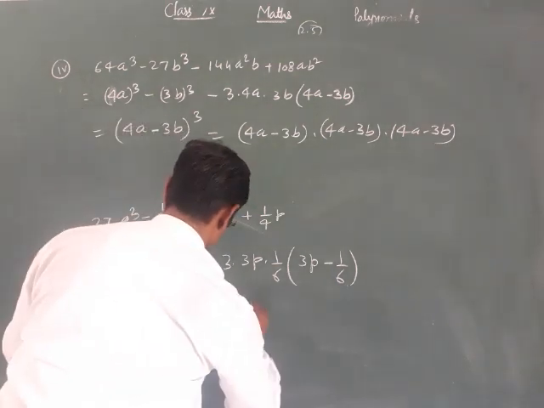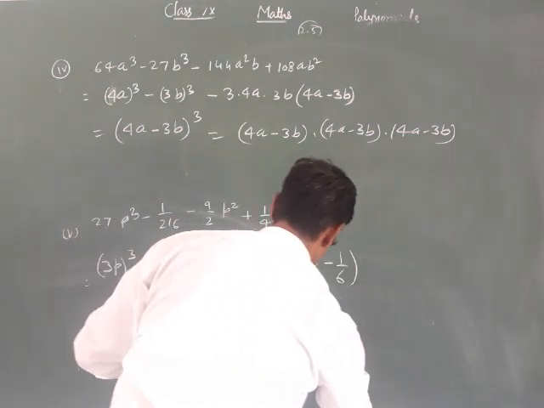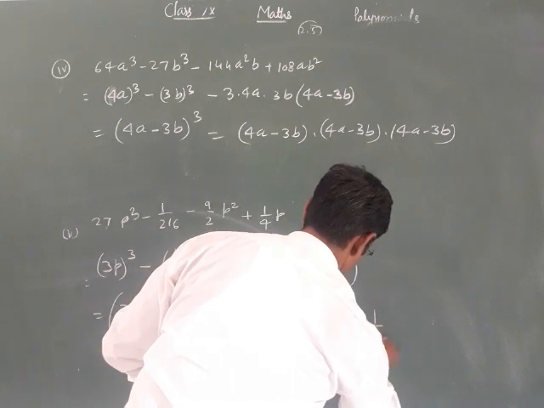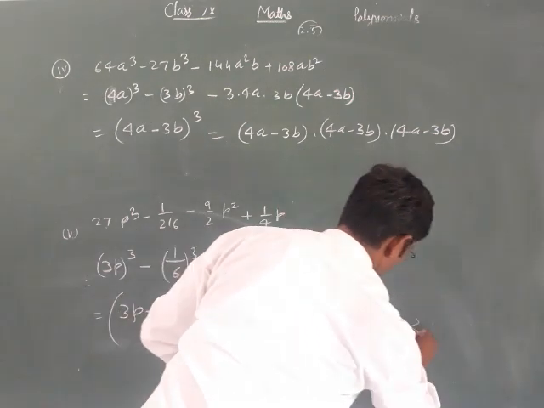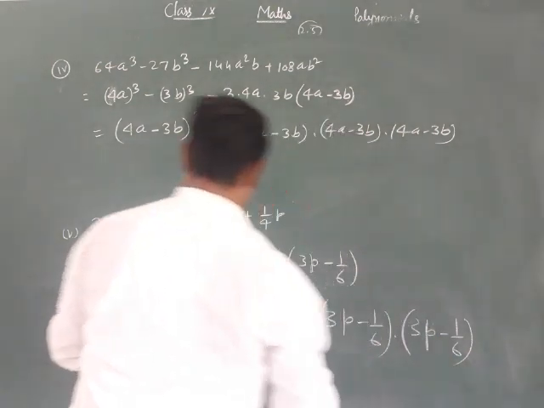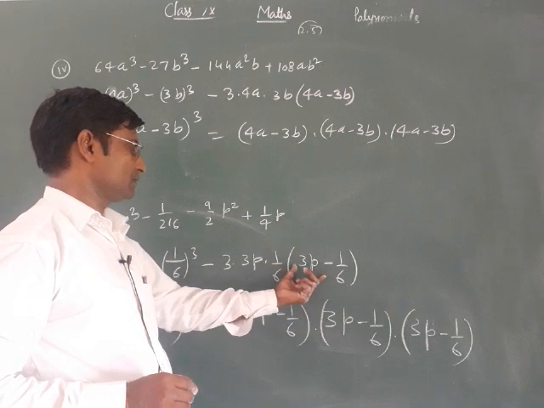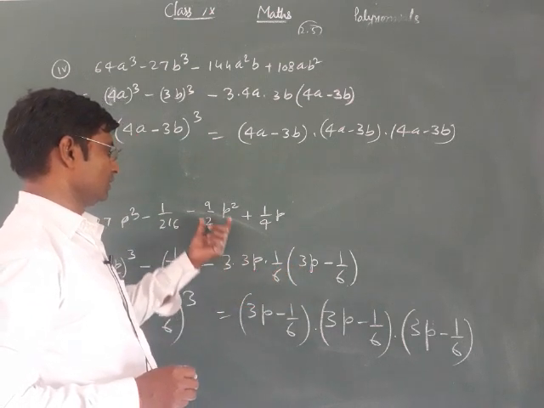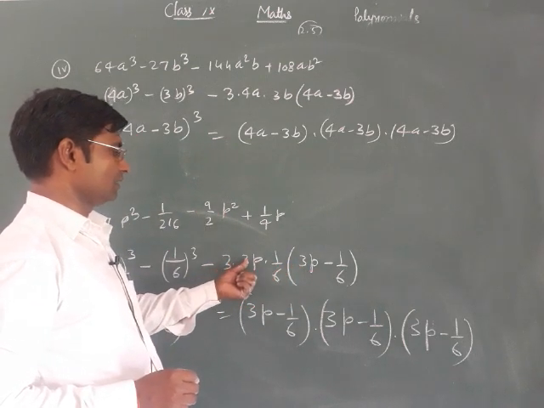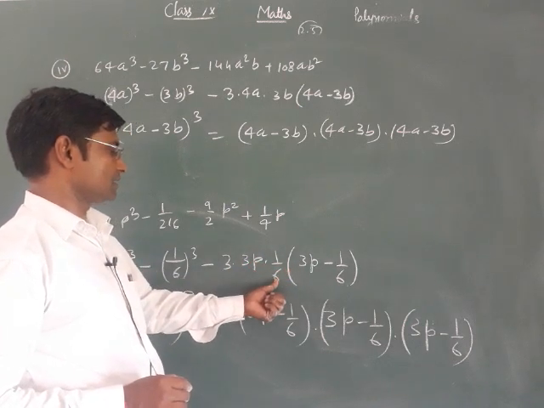So also (3p minus 1 by 6) three times. Now multiply and open this bracket, so we get this. 3 3s are 9, 9 3s are 27 upon 6.